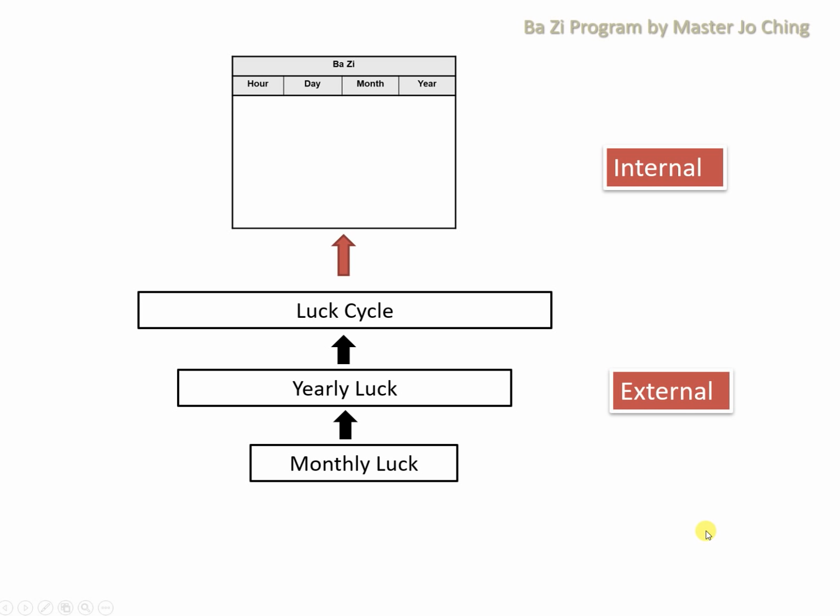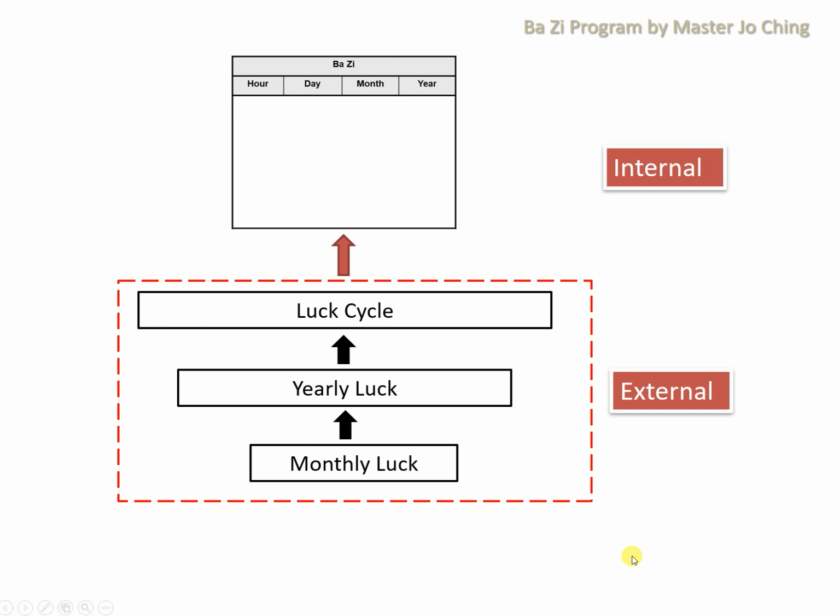Okay, so let me sum it up and put things in perspective and give you an overall macro look. This is what we do. Basically, you have internal, you have external. This is how we do a proper Bazi analysis.